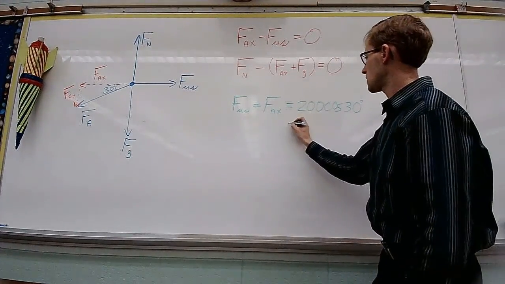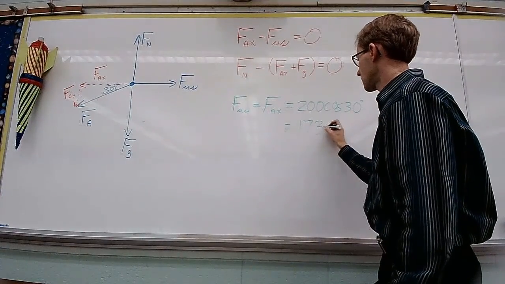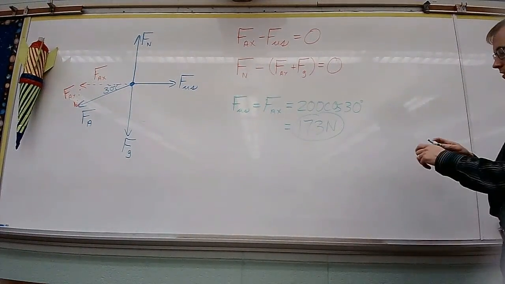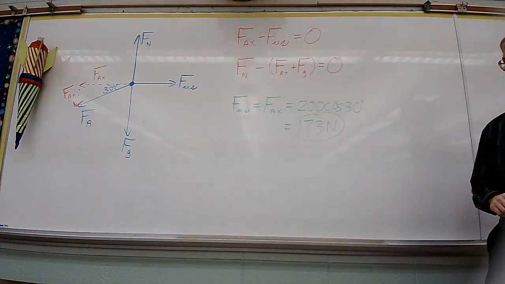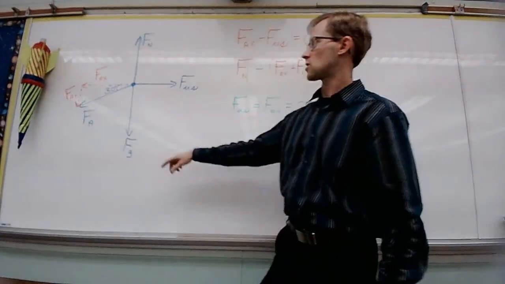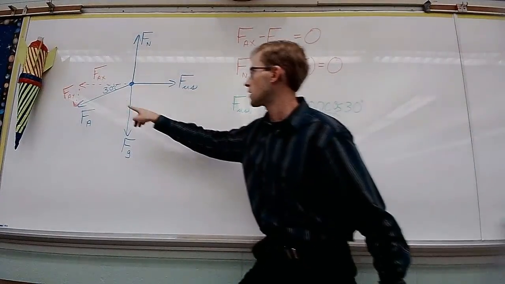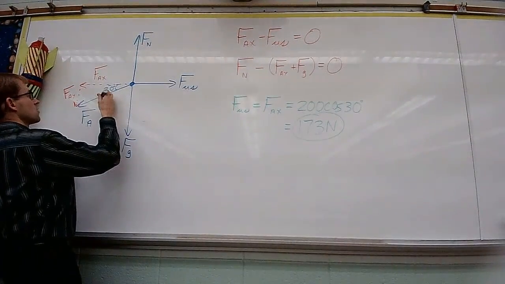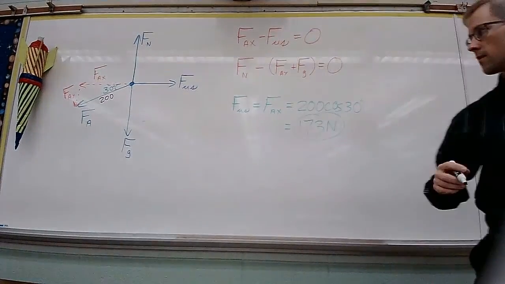And that's going to be equal to 173 again. So that's your force of static friction. The other step would just be, it's the adjacent side. So cosine of 30 is equal to adjacent over hypotenuse. Hypotenuse is 200, just like the last example. And then you get to this point.